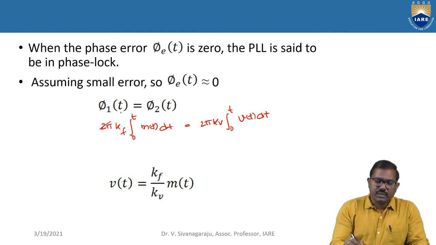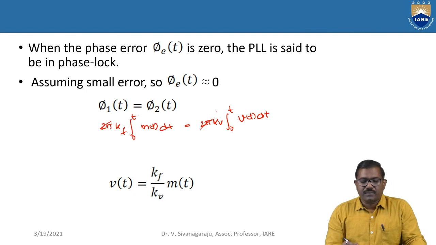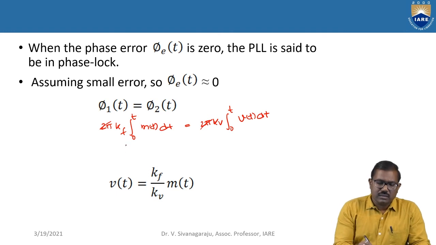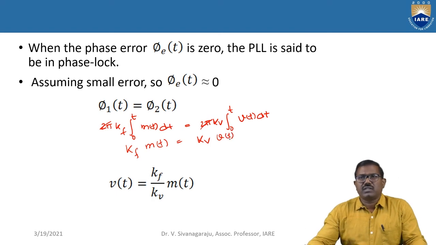So this 2 pi and this 2 pi are going to cancel, and differentiating on both sides, you can get kf m of t, which is equal to kv v of t.